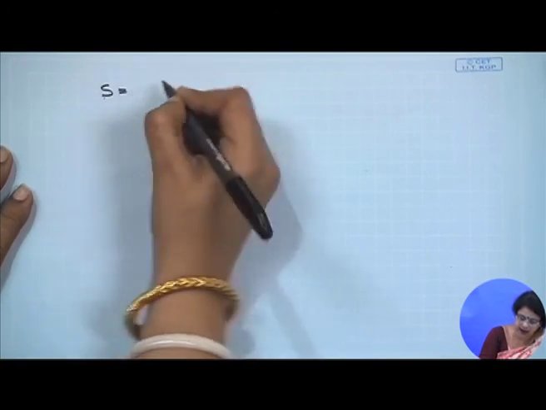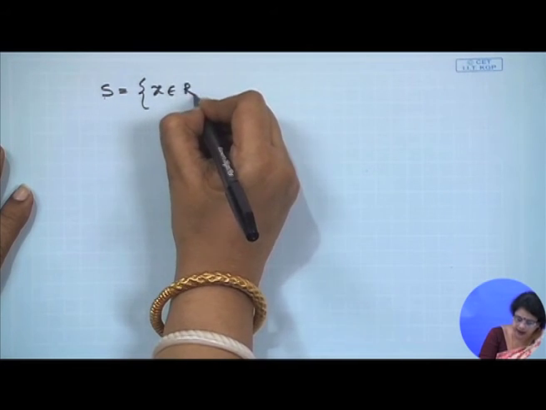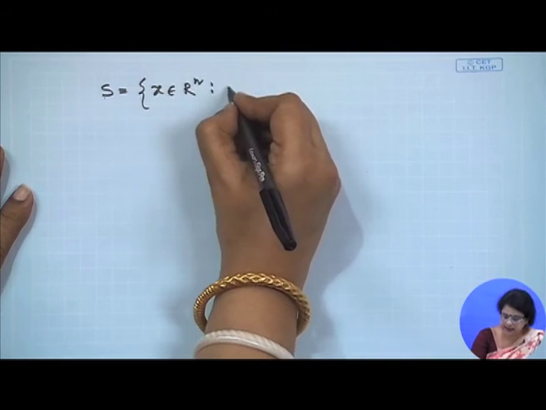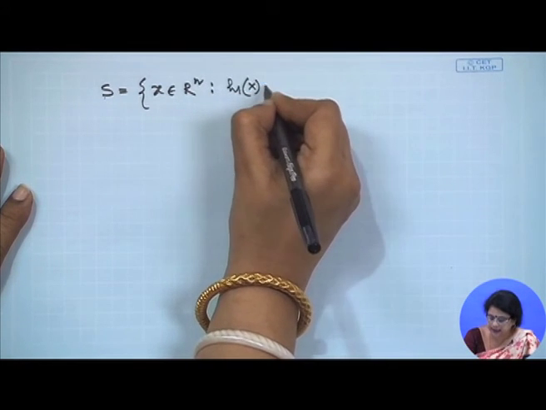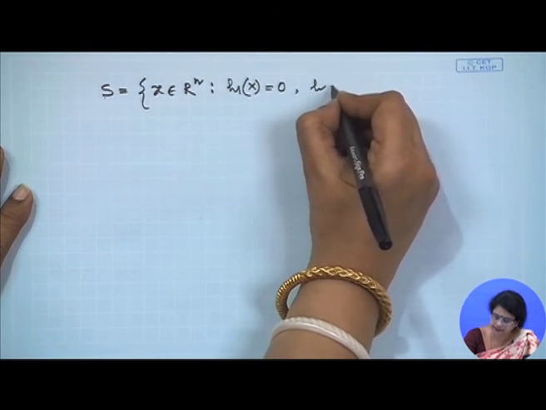Regular points are the points in Rn that satisfy the constraint set.